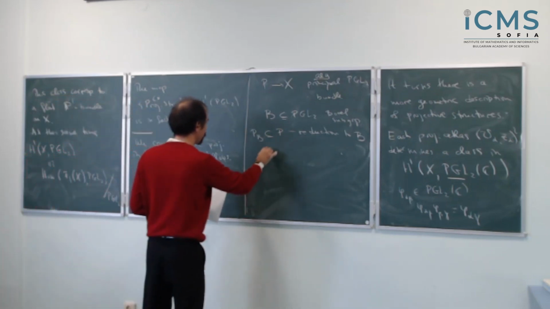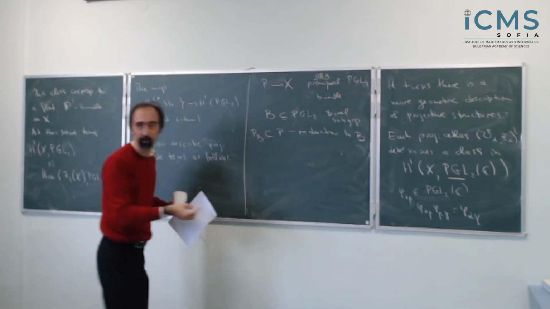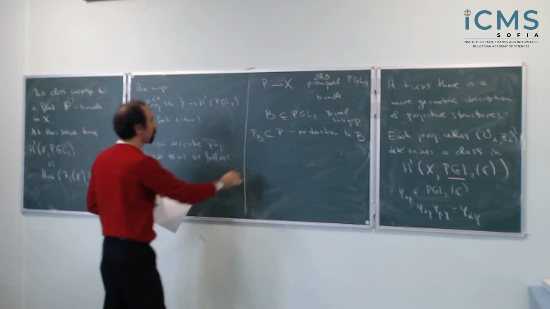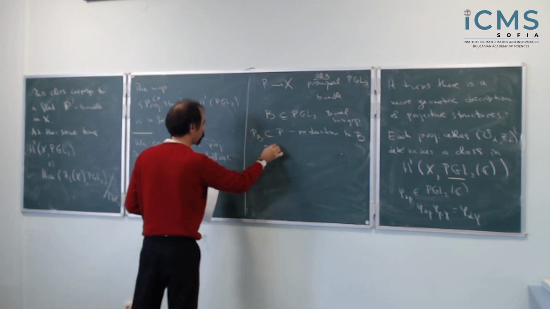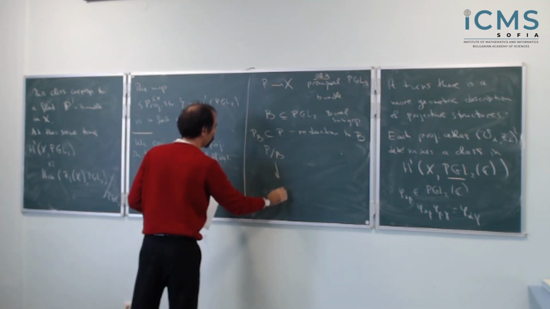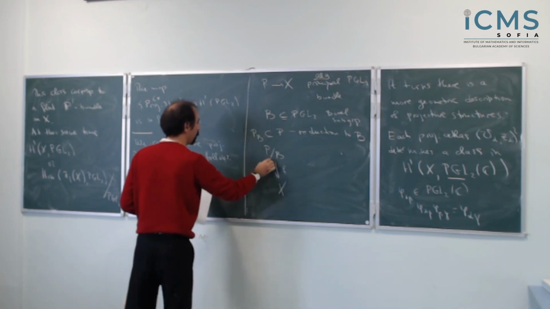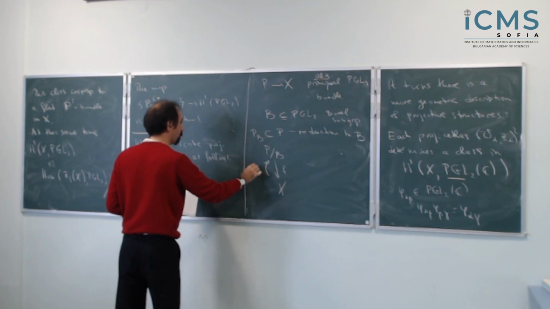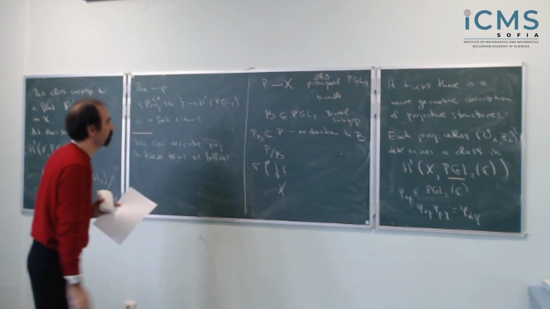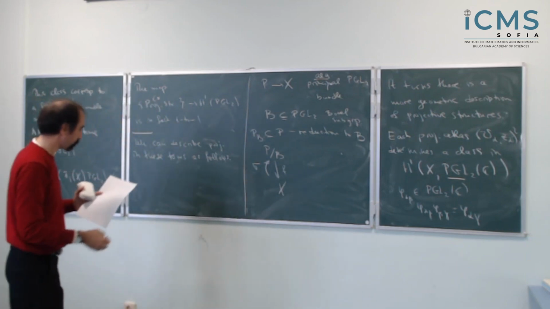There are different ways of describing reduction of a structure, but one way to do this is to look at the quotient P mod B to X. Let's say this is F, and the reduction corresponds to a section of this map, right?